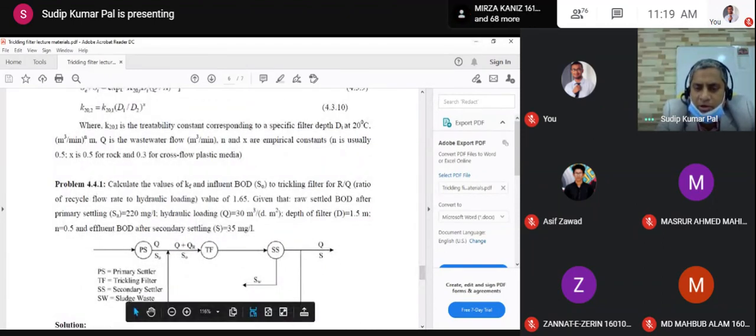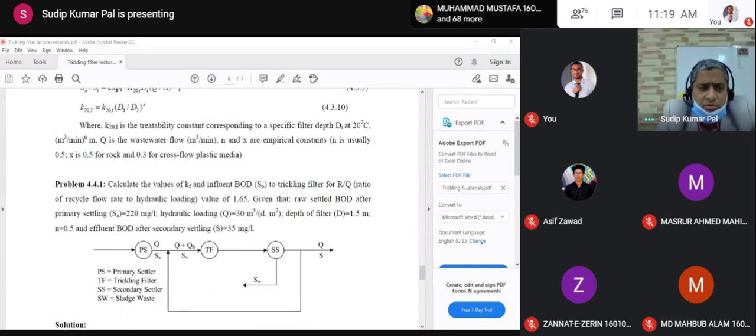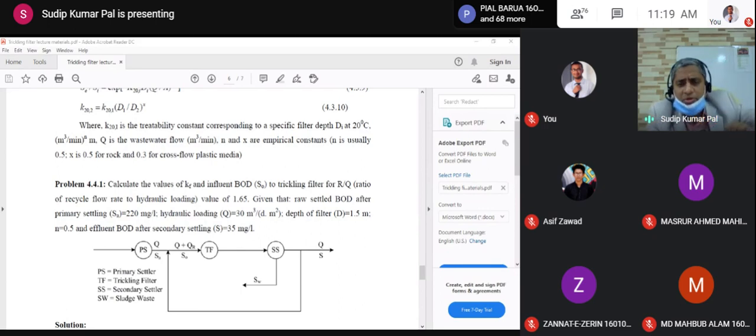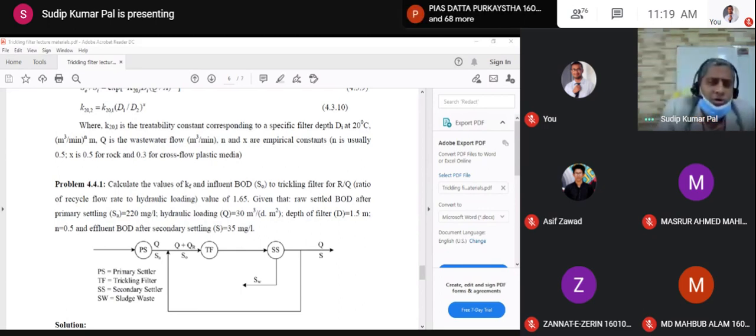So now, let's go back to the slide we discussed, and let's discuss the design example, going back to the slide we studied for the NRC equation.